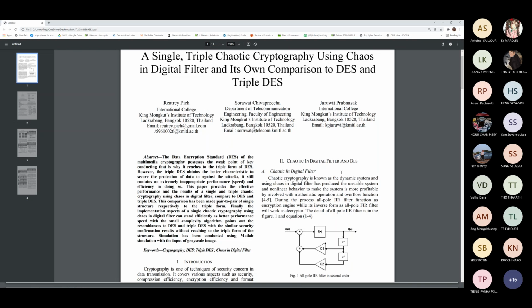But when I set up the coefficients to make my system unstable, it produces non-linear behavior. This is one example case showing the usefulness of a non-linear system, which I used to produce a chaotic system for my cryptography.